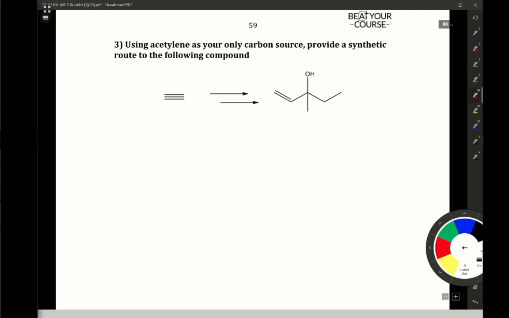But the first thing I want you to do in these problems is start looking at your carbons, making sure everything kind of makes sense. So essentially, we have a 2-carbon starting material, and we have a 6-carbon product. So we kind of know what things we have to make. We have to make something that could be attacked by maybe an acetylene molecule.